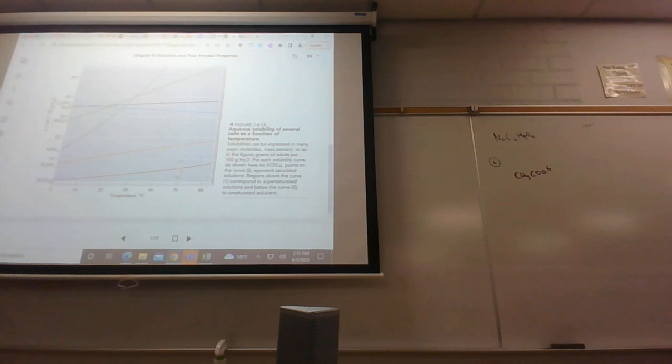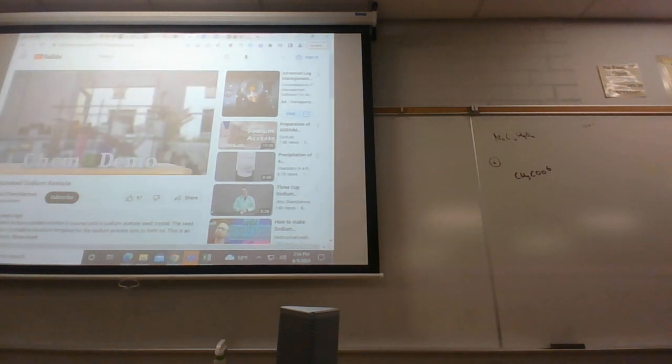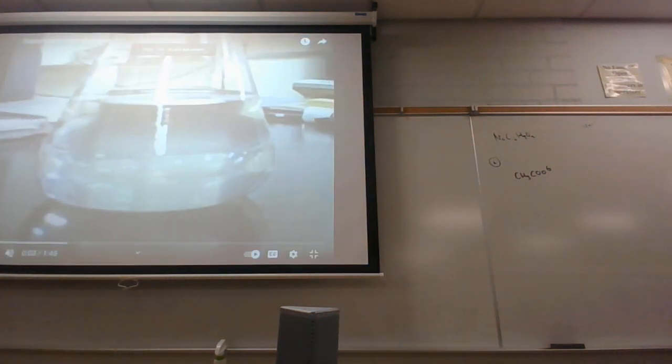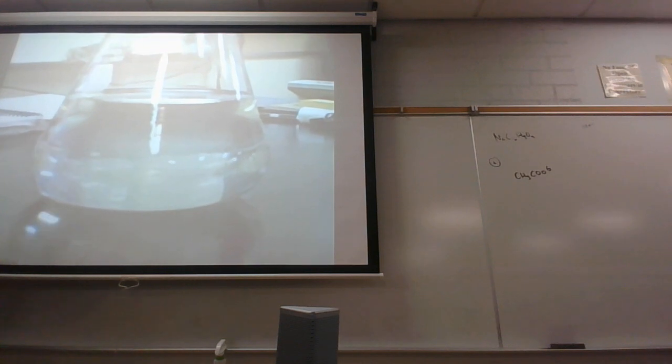So let's take a look at a supersaturated solution here. What they did was they heated this up and saturated it. You could dissolve a lot of sodium acetate in warm water.